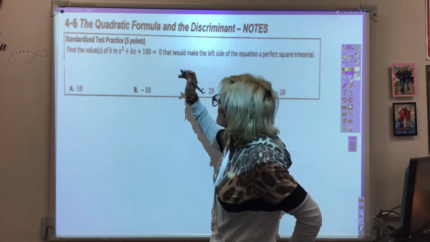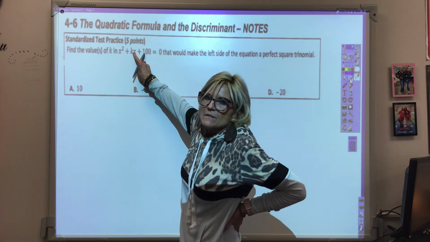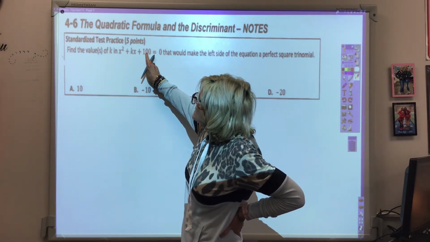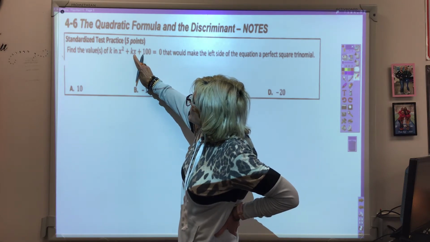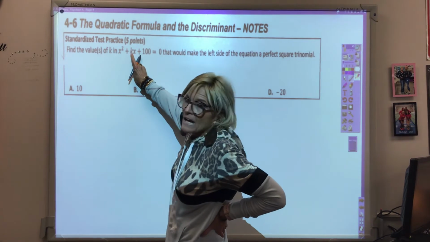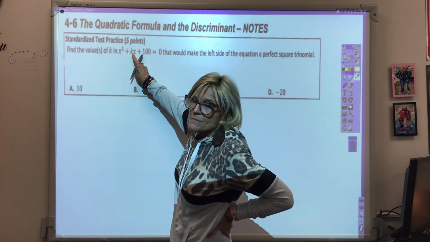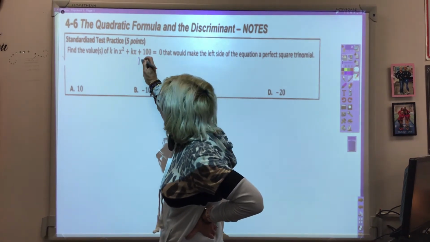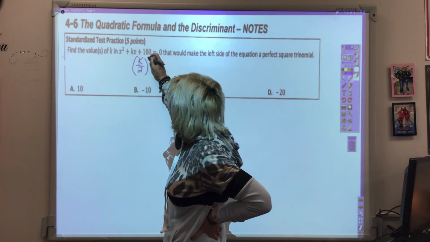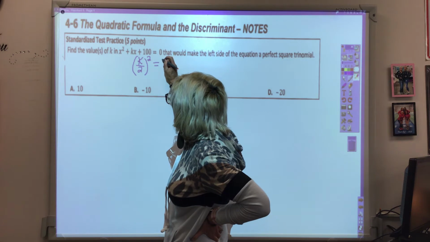Remember that this number is the square of half of the middle. This has to be k over 2 squared has to equal 100.